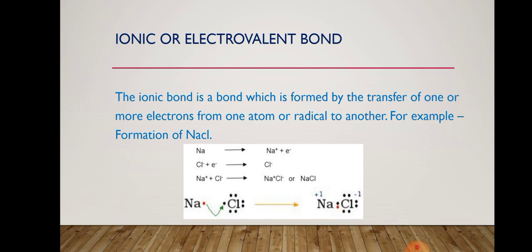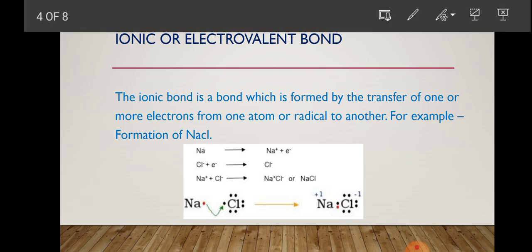For example, formation of sodium chloride. Here, sodium gives up one electron. Look at the figure please. Sodium gives up one electron and becomes positively charged. On the other hand, chlorine accepts this electron and becomes negatively charged.